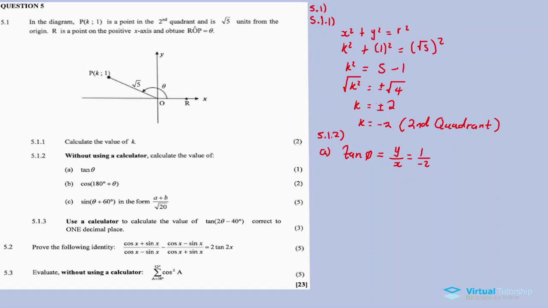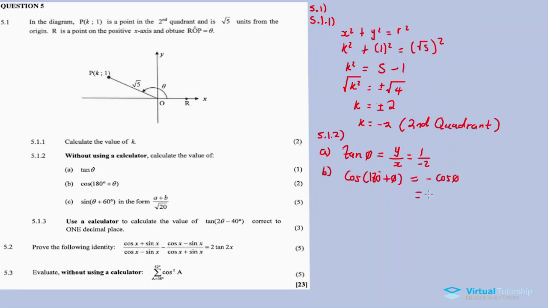So this is equal to 1 over minus 2. B: it's cos of 180 degrees plus theta. The 180 degrees plus theta is a reduction formula. Where does 180 plus theta fall? In the third quadrant, and in the third quadrant cos is negative, so this is going to be equal to negative cos theta. Now we simplify further.